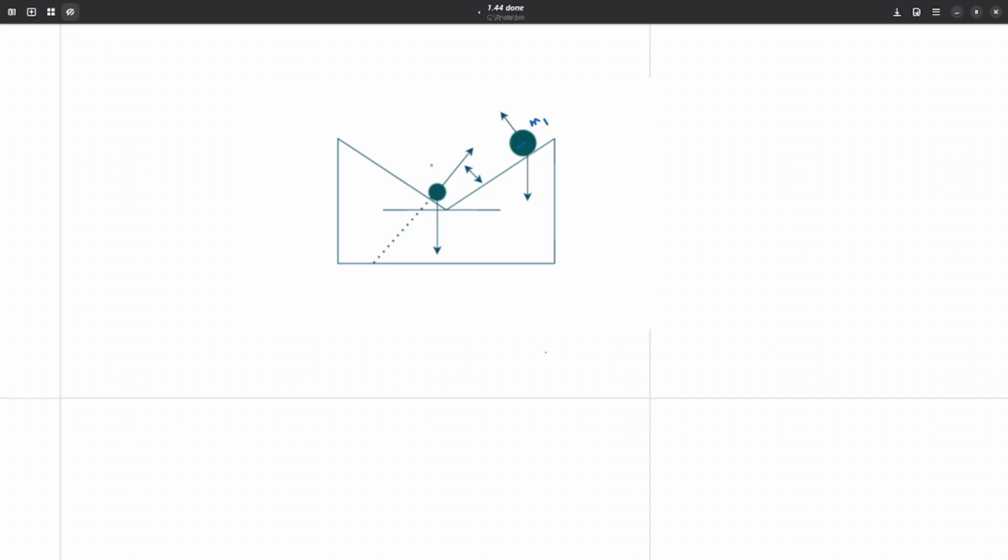This is m1 and this is m2. We have here n1, m1g, m2g, and n2. This angle is pi by 2 minus twice alpha, and this is m1g cos alpha, as this angle is alpha.